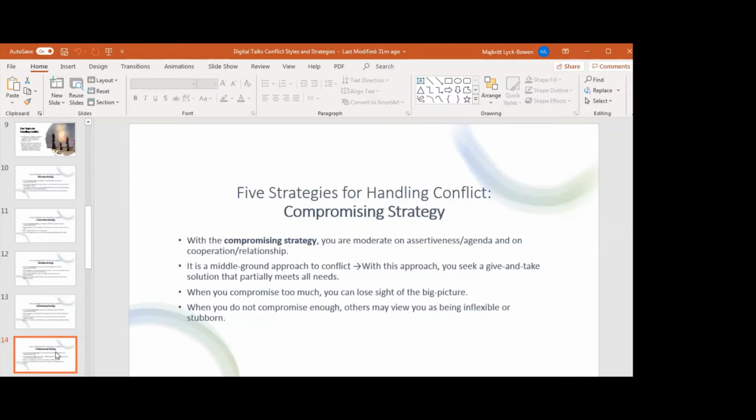And other people are saying, actually, we definitely don't think this is the best way. And you end up with a compromise that you deep inside know is not the best for your organization. That means you have perhaps lost sight of the bigger picture, and you have reached a solution that might not be the best.